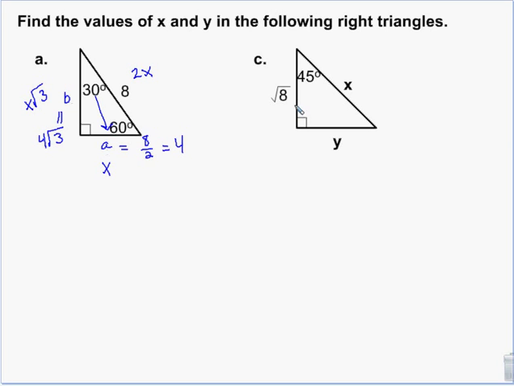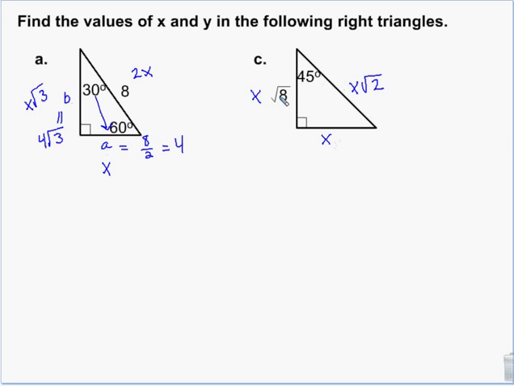Now with this one, I have the square root of 8. And I know from my pattern that this is x, and this is x, and this is x times the square root of 2 because it's a 45, 45, 90.